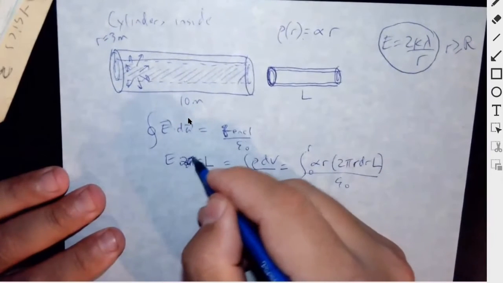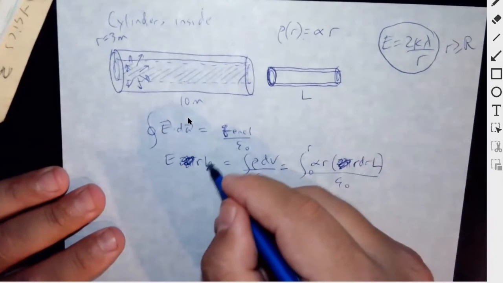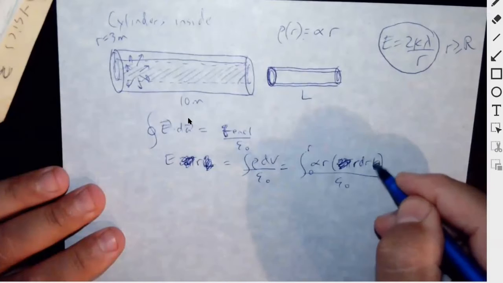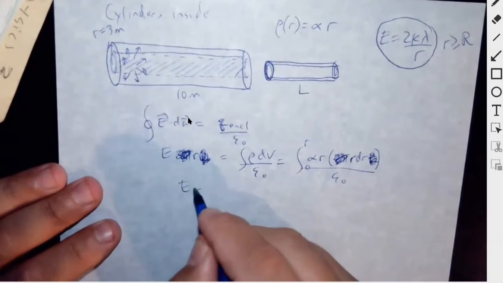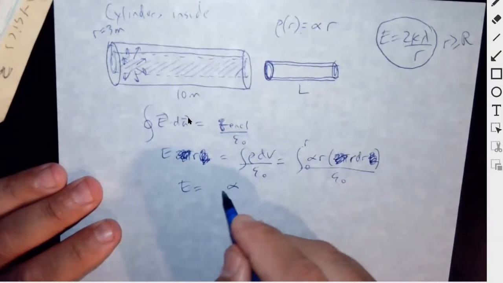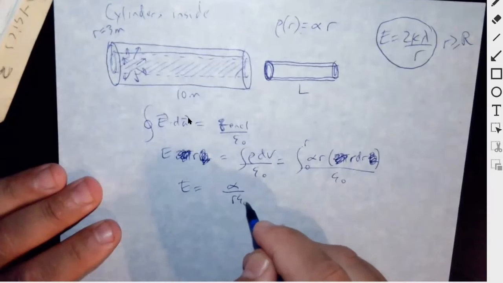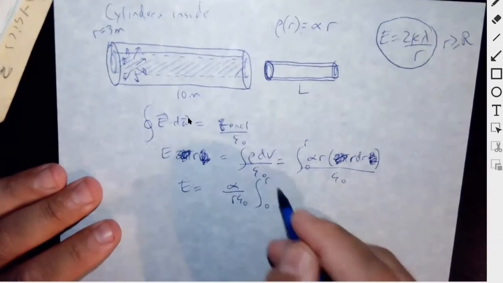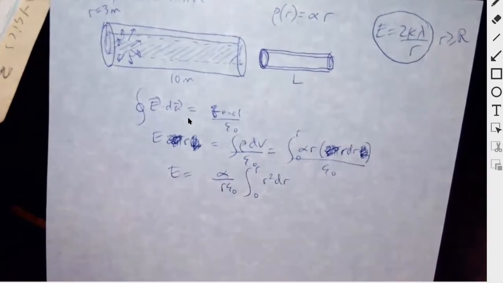And then the 2 pi cancels, the L cancels. You're left with E equal to alpha comes out of the integral, r comes down on the bottom, and you have the integral 0 to r of r squared dr. So I'm doing a straight-out non-uniform charge density for a cylinder, inside the cylinder.